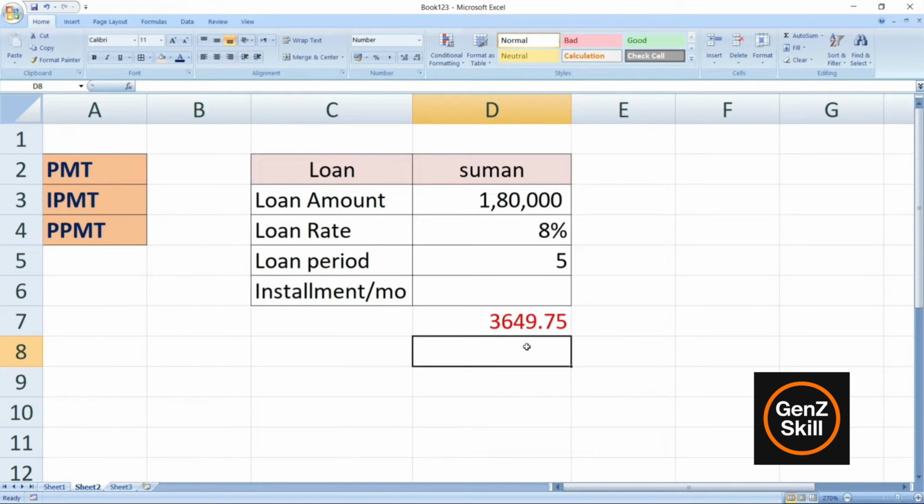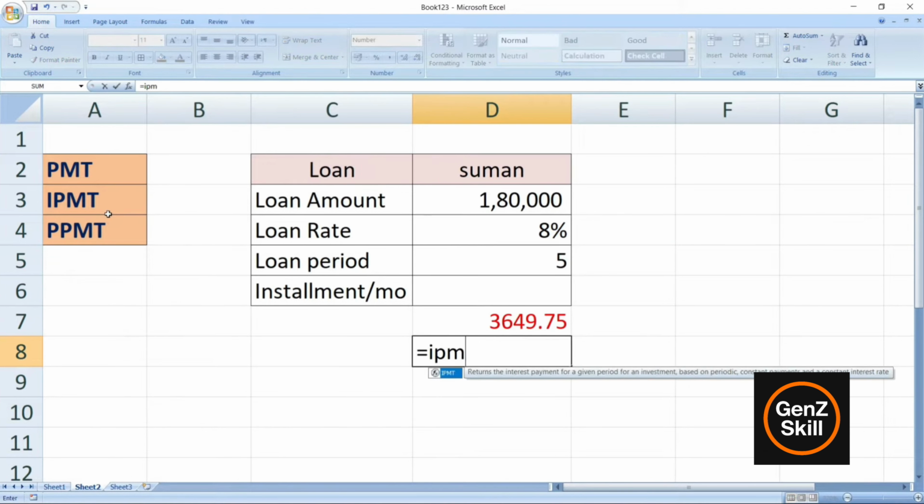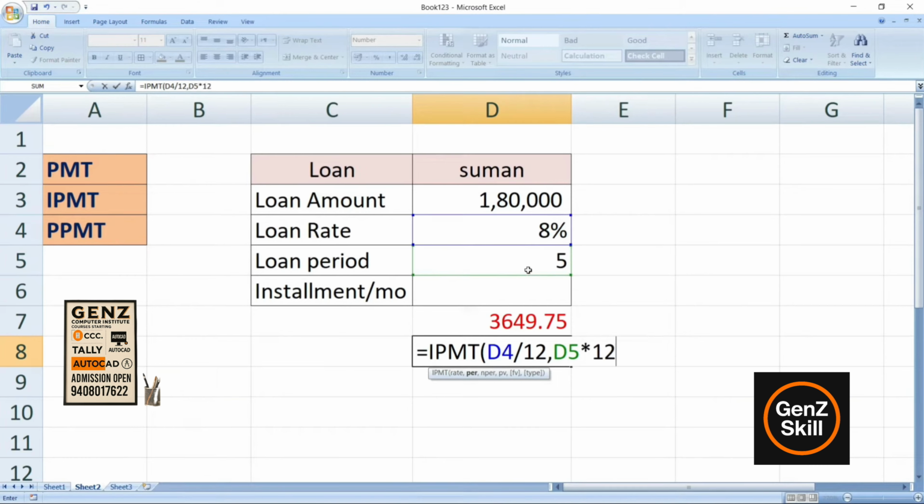Next one we can find the IPMT. In IPMT we have to find interest paid per month, so equal to IPMT, same as the loan rate. So loan rate selected and divided by 12, comma, loan period multiplied with 12, comma, we can select the principal amount.